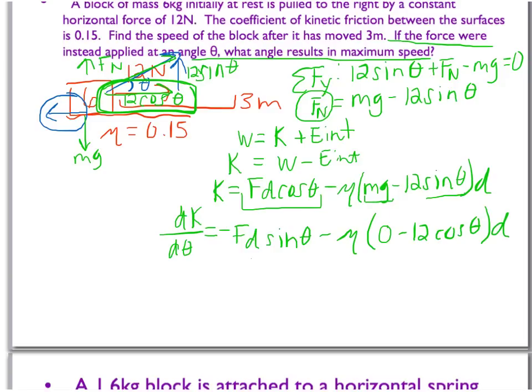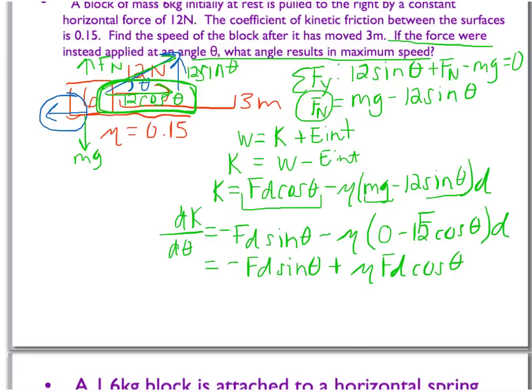So ultimately, what we have here is a negative F d sine of theta. And really, instead of the 12, we could write this as an F if we wanted to. And then we have a minus, a negative, so we'll turn that into a positive. And we have the mu, the F d, and the cosine of theta.